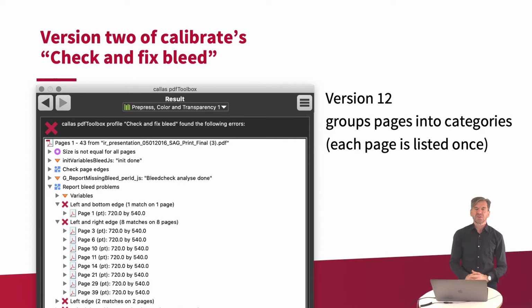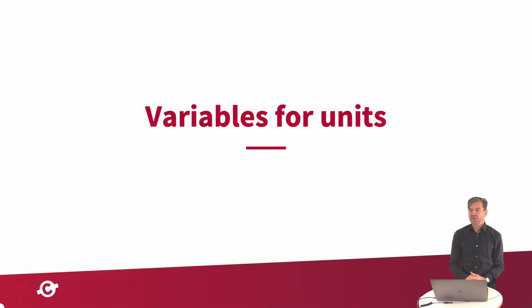And then once I've seen that, I'm sure that page 1 doesn't have any problems at the top or in the right edge. So I hope this makes sense. So it's better grouping and probably easier to understand which pages have what problems. And that's already the improvement here, which brings David back on stage.